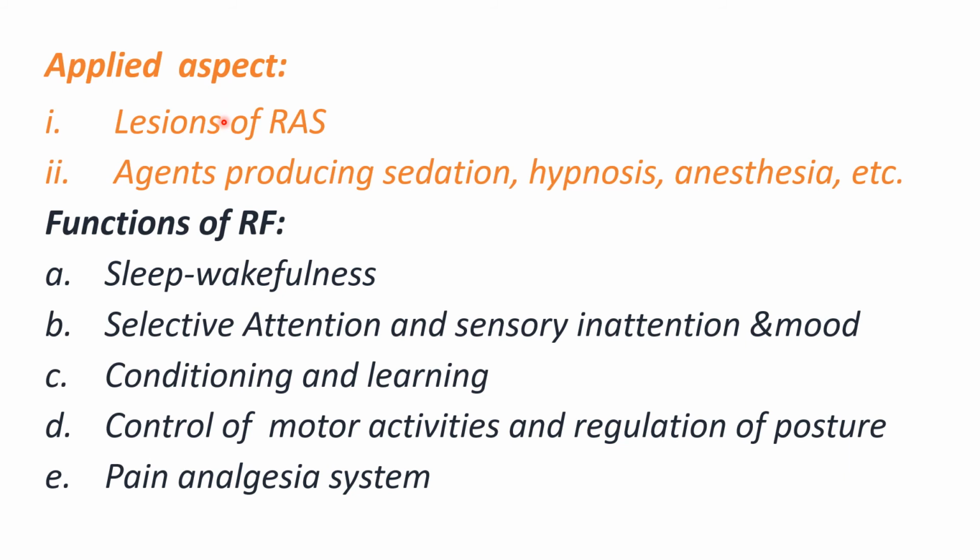I'll give you a small aspect about the applied component of the reticular activating system. Suppose you experimentally induce lesions of the reticular activating system in an animal or in a human also, we see that there is induction of sleep or coma.